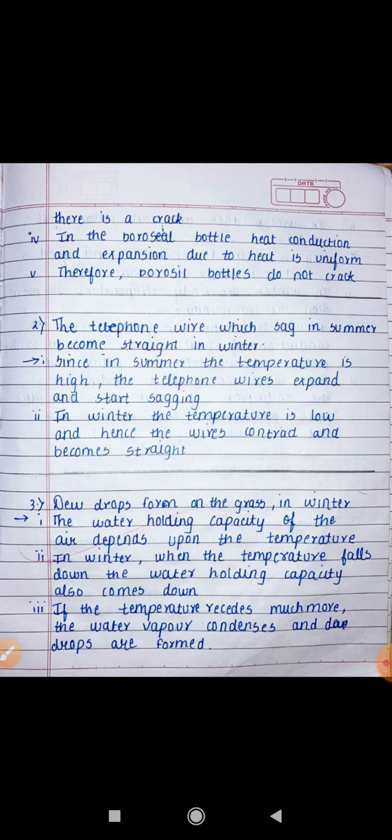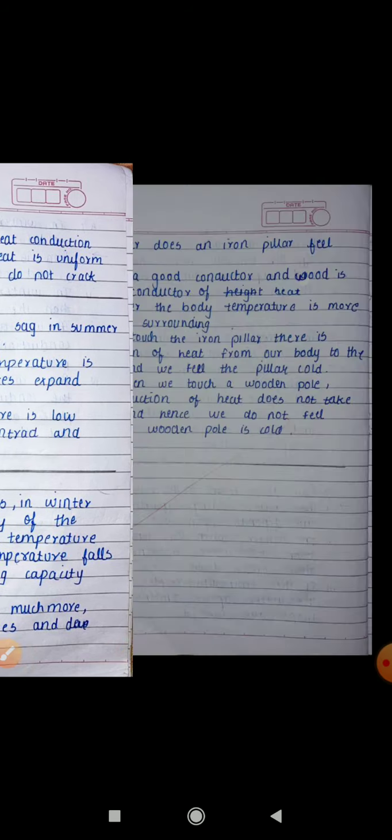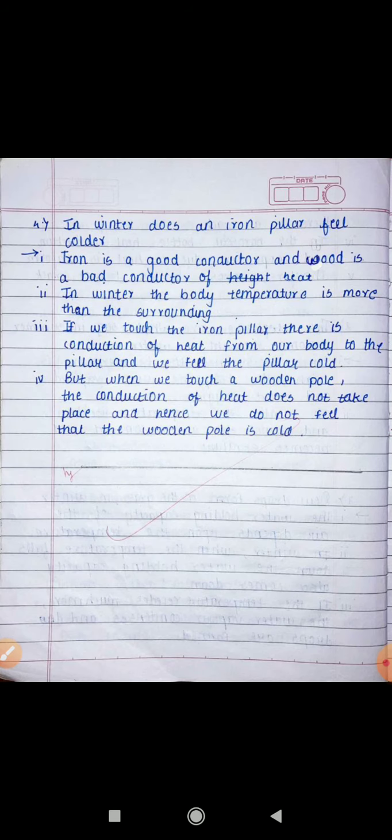Second, give reason. So why? And third, dewdrops form on the grass in winter. Take a screenshot of the same. Yeah, and the last one. In winter, why does an iron pillar feel colder than a wooden pole? So please take a screenshot.